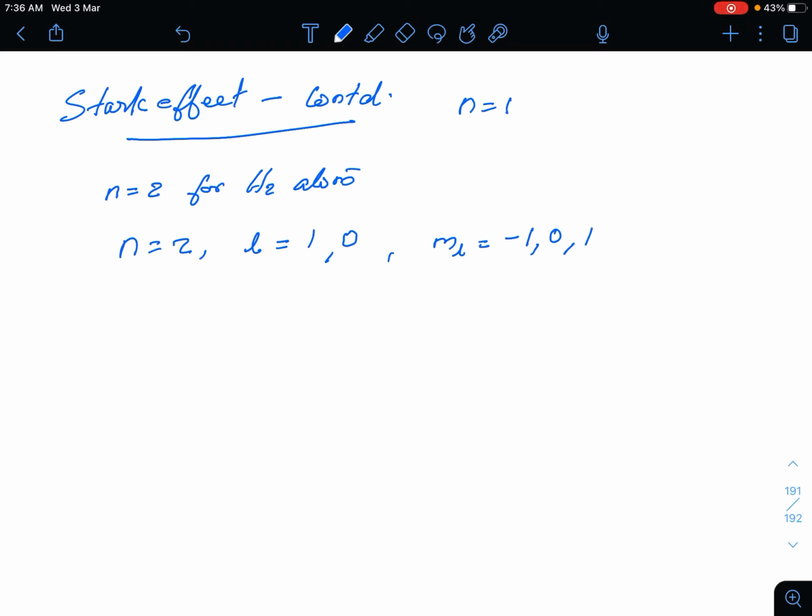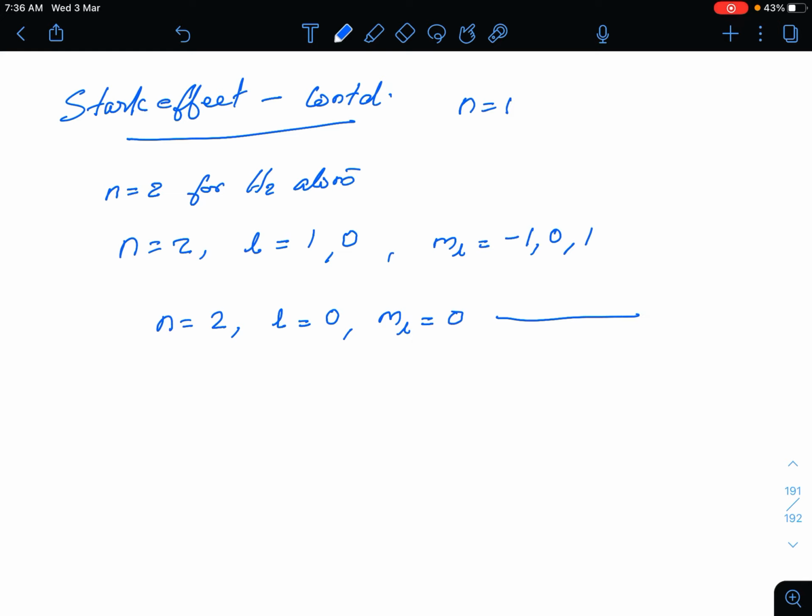So these are the states. The first combination is n is equal to 2, L is equal to 0, and of course ML is equal to 0.